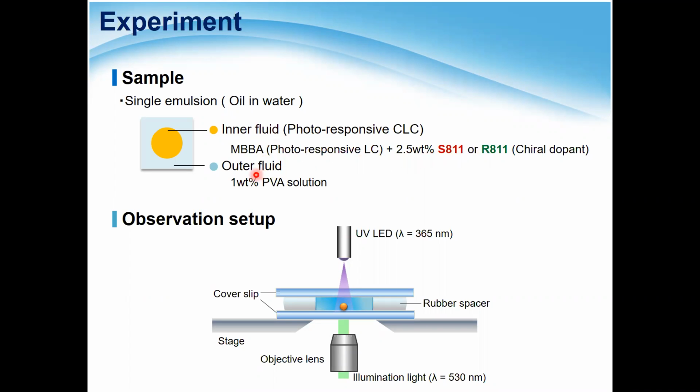As an outer fluid, we use a PVS solution because SDS was too strong to solubilize. In this case, we use the inverted microscope again for observation, but the UV LED was illuminated from the top side.